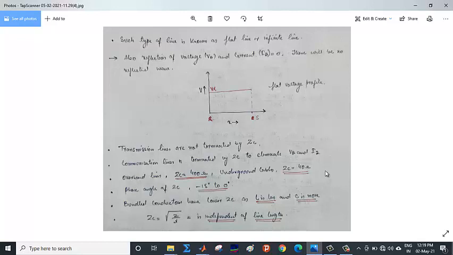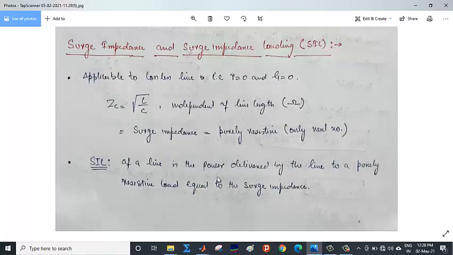When GMR increases, ln of Dm by Ds will decrease, so inductance will decrease. And in case of capacitance, since this ln of Dm by Ds is in the denominator, capacitance will increase. So for a bundle conductor, ZC will be lower. Again, this ZC, equal to root of Z by Y, is independent of line length. It's very important and you need to keep this in your mind.